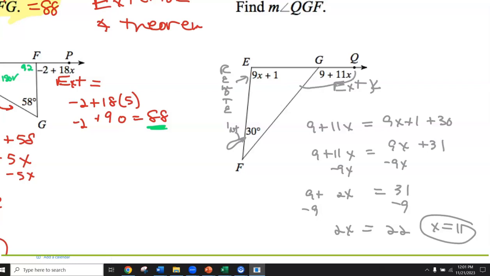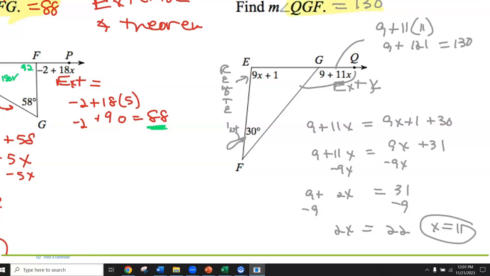That's the exterior angle. So to get that, 9 plus 11 times 11, and 11 times 11 is 121, plus 9 equals 130. Okie doke. So my exterior angle is 130, and that's what they wanted me to solve.